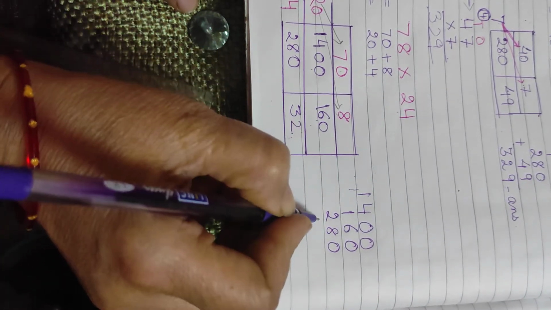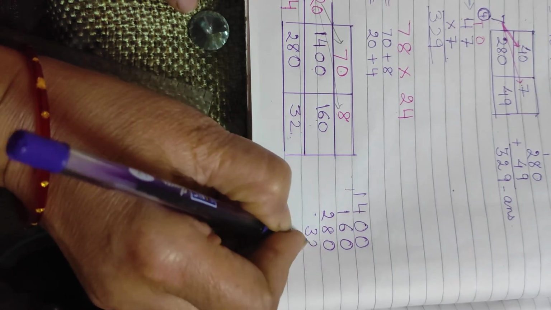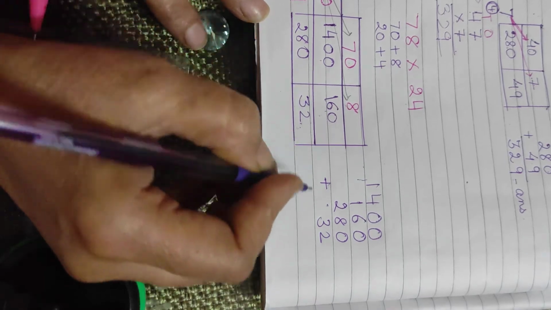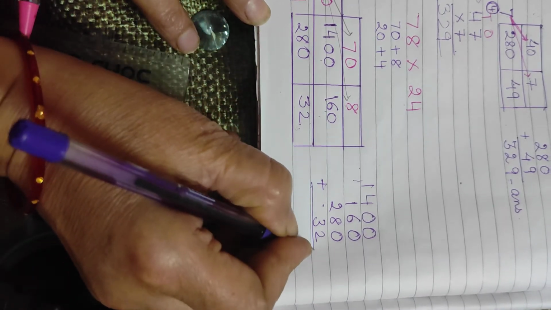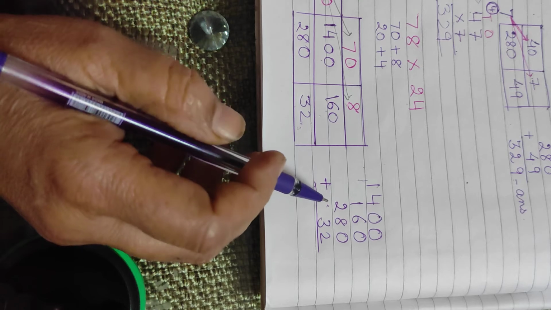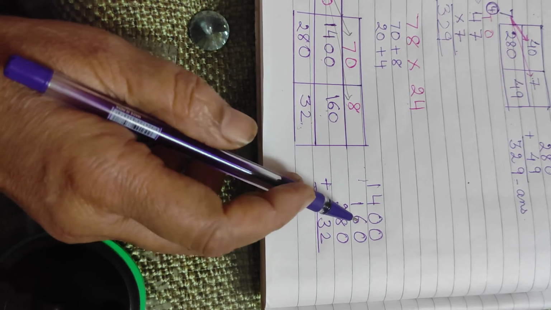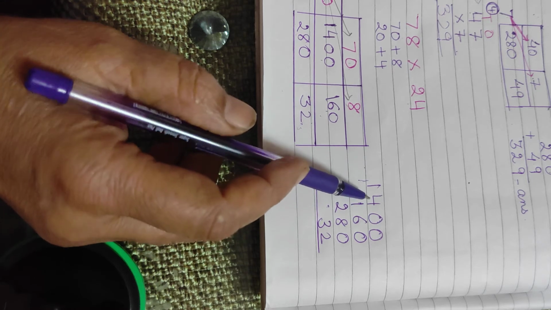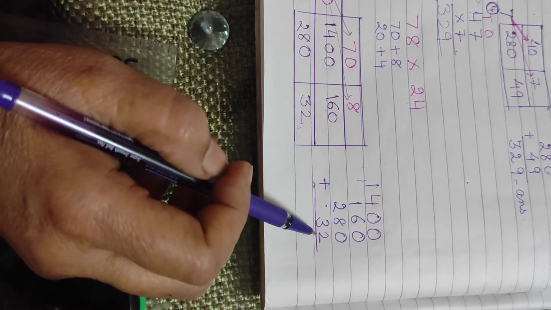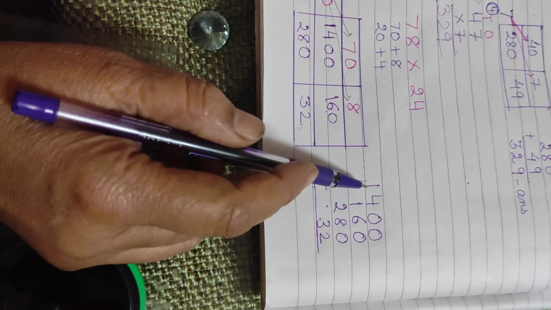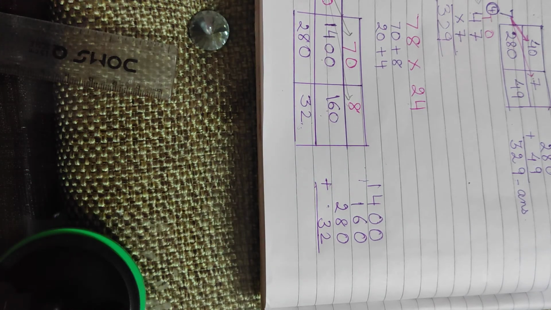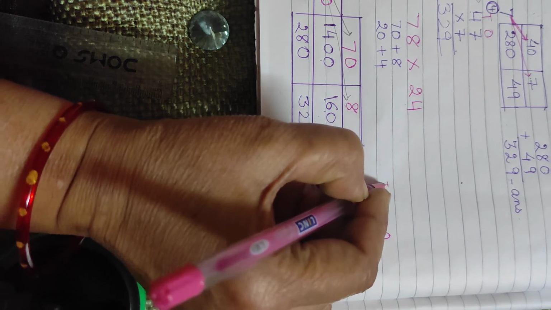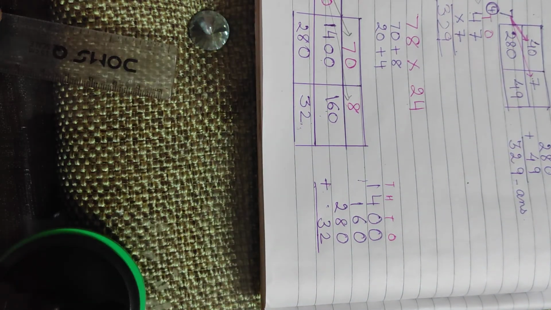And fourth number is 32. Children, here you can see I have arranged every number in the correct place. You can see digits of every number are present at their correct place. Here this is ones place, tens place, hundreds place and thousands place. And after that you will add.